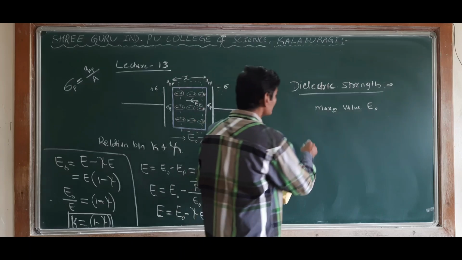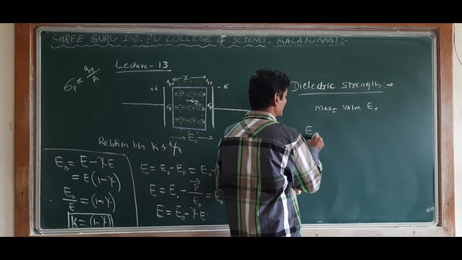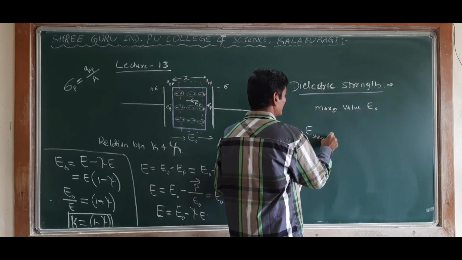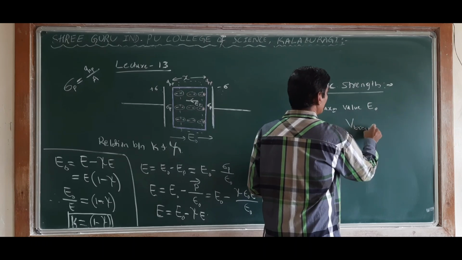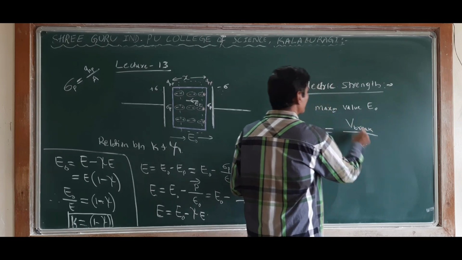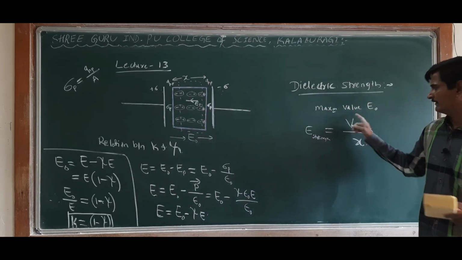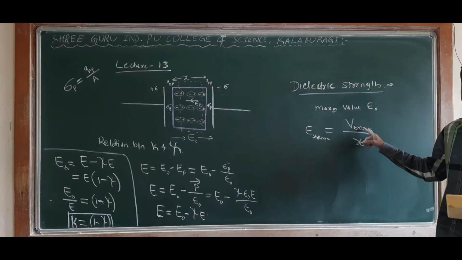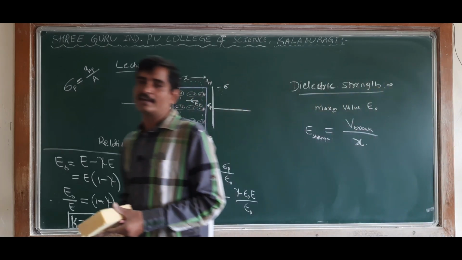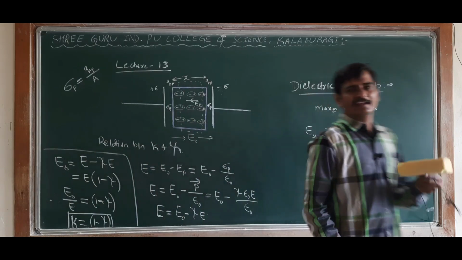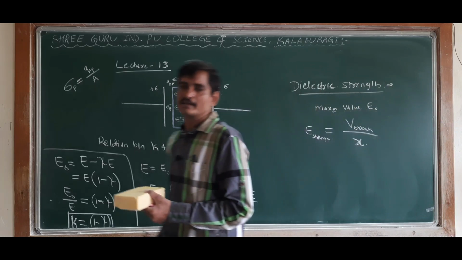Now you can write the dielectric strength, E strength. The dielectric strength of a medium is equal to V break divided by X, where V break is the maximum potential difference that can be applied to a dielectric without its dielectric breakdown, and X is the length of the dielectric.